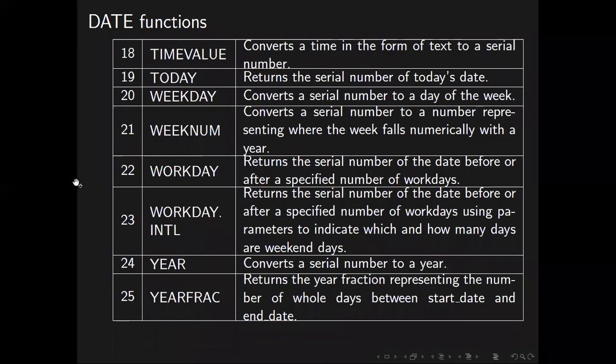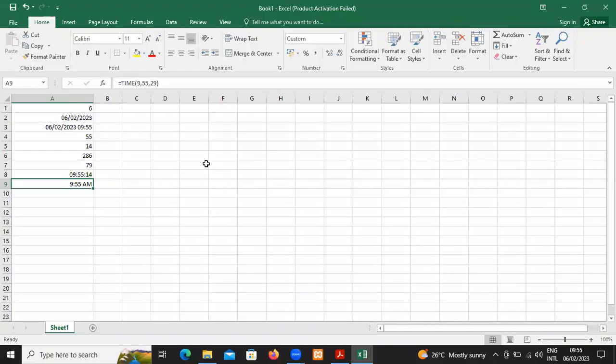Then TIMEVALUE. TIMEVALUE gives a time value. I have already told you about DATEVALUE. You enter a string, it gives you the equivalent time value. Similar to DATEVALUE, you can offer this as I just did.